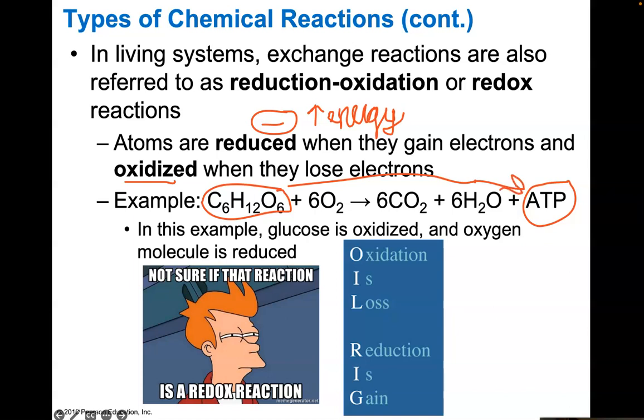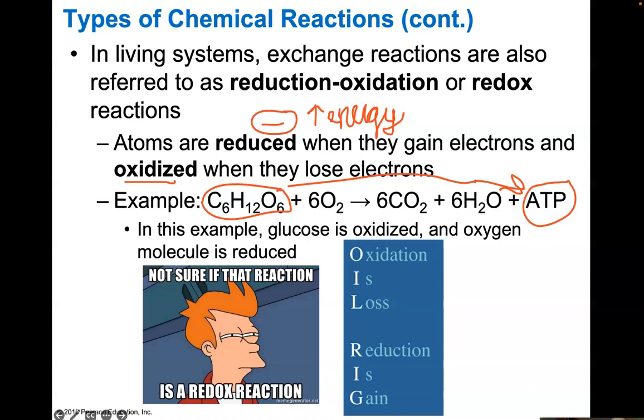And so here, this molecule here is going to be reduced because we're actually gaining some electrons and we're going to gain that higher energy. So this is a redox reaction.